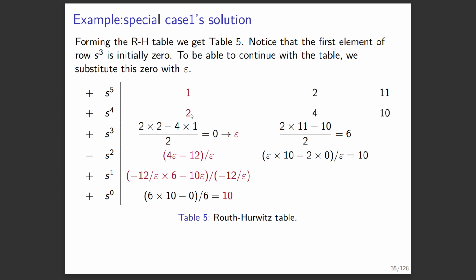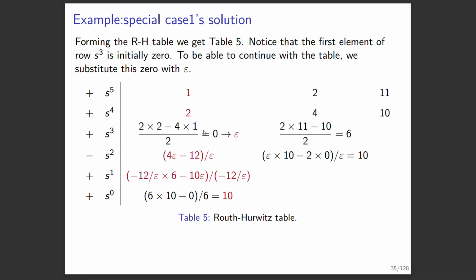We have 2 times 2, subtract from it 4 times 1, divide by 2, that is a 0. And then 2 times 11, subtract from it 10 times 1, divide by 2, which is 6. So I have special case 1 because I have one element, the first element, that is 0.